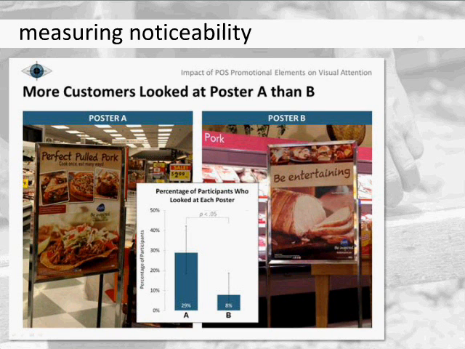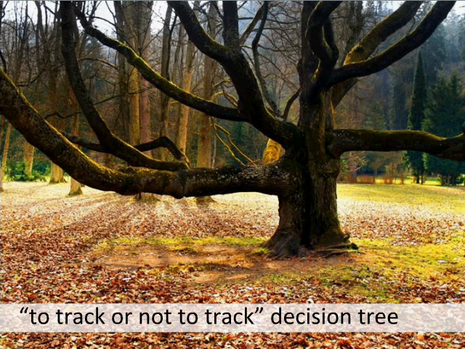One of our measures was the percentage of participants who looked. One of the posters got a 29% viewing rate versus 8% for the other poster, and that was statistically significant. And that was actionable to the stakeholders, showing which direction they should take with their designs.